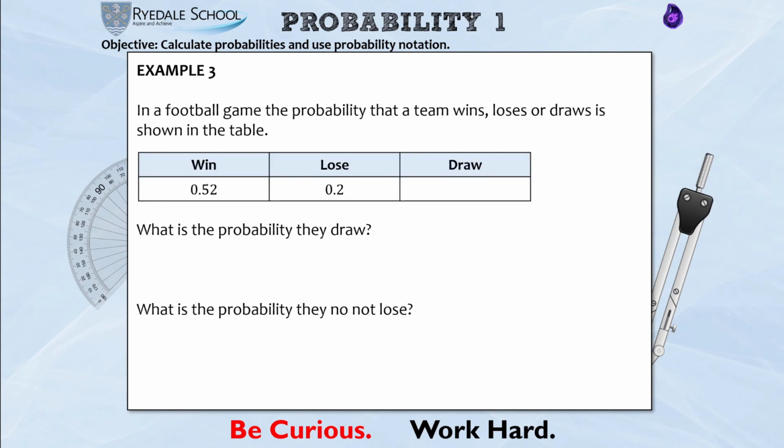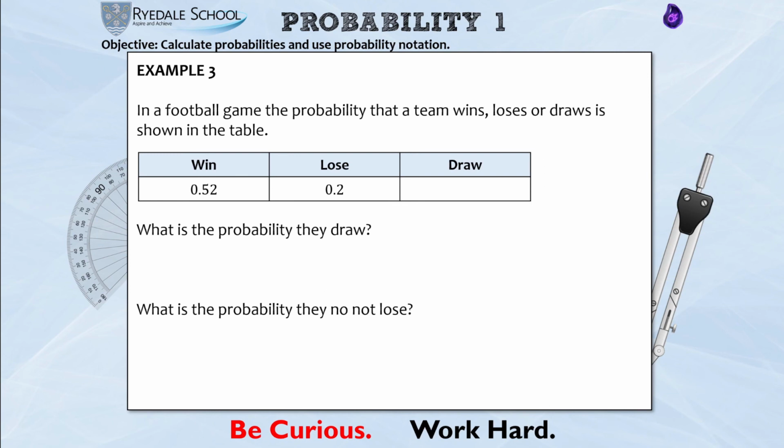So example 3. In a football game, the probability that a team wins, loses or draws is shown in the table. And you can see the probability they win is 0.52, the probability they lose is 0.2, and the probability that they draw has been left blank.